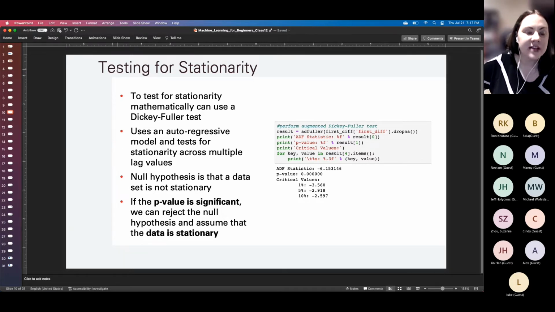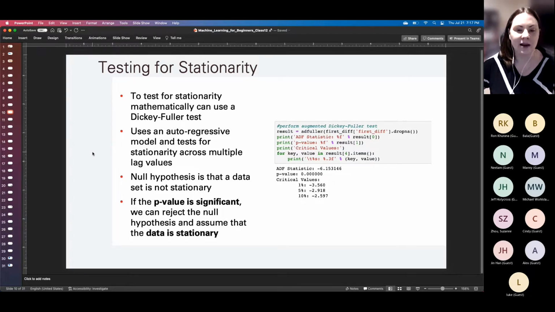So, testing for stationarity. One way to do that is the Dickey-Fuller test, which uses an autoregressive model and tests for stationarity across multiple lag values.